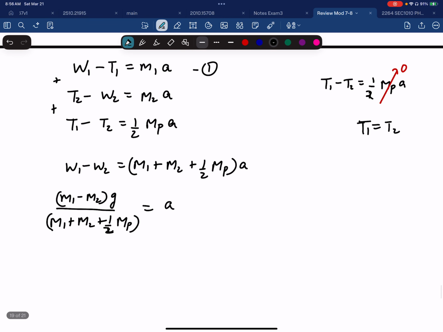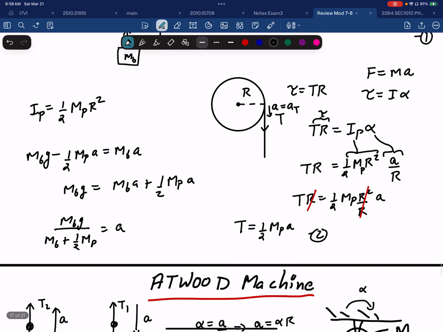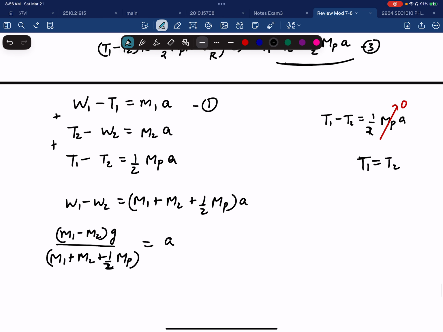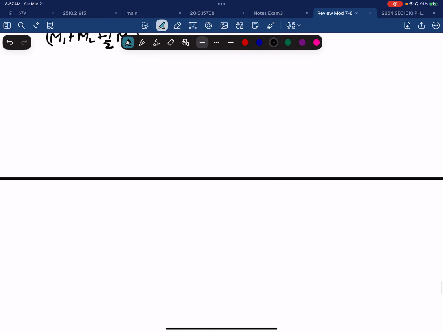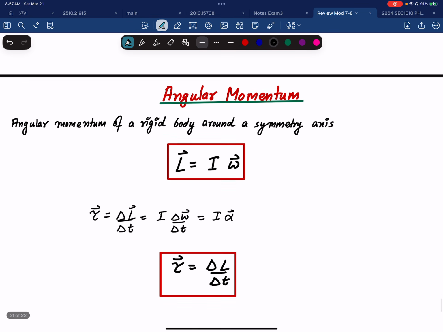Since we understood what torque is, the effect of torque, and we understood two kinds of examples, how to go for it. Okay, so the second thing is, since we understood momentum from force, same, you will have angular momentum.